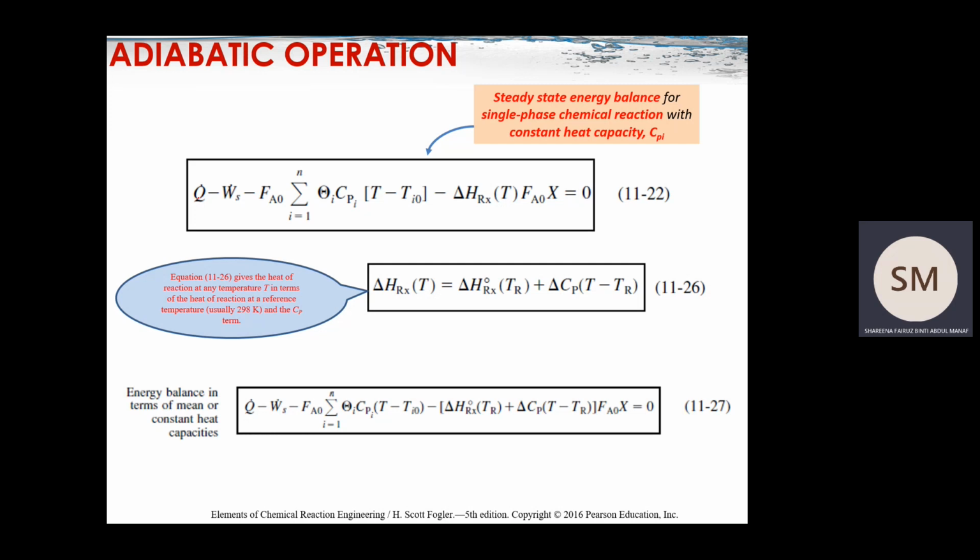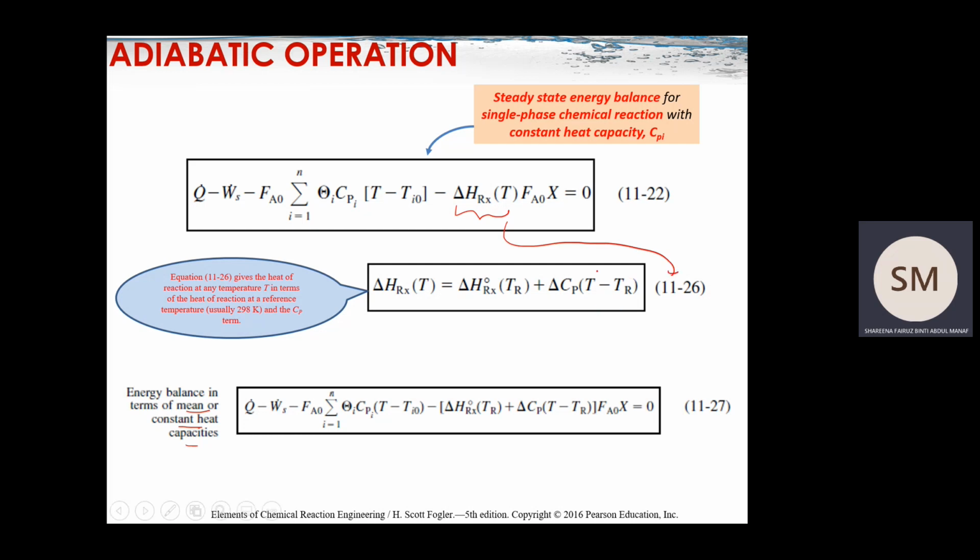Remember, I previewed this before. Equation 11-26 gives the heat of reaction at reference temperature and also the CP term. So the energy balance in terms of mean or constant heat capacity, you just replace this one with equation 11-6.